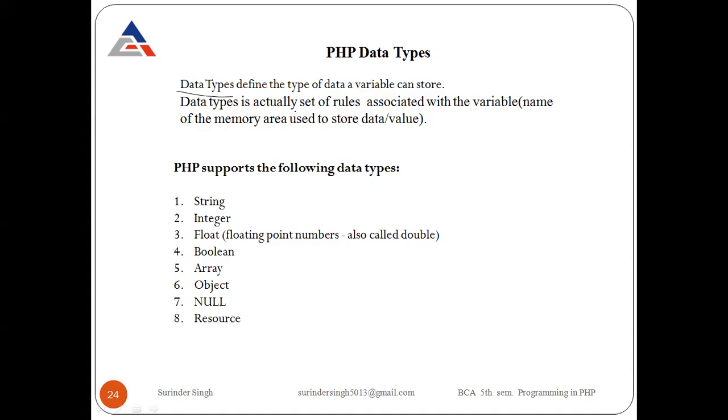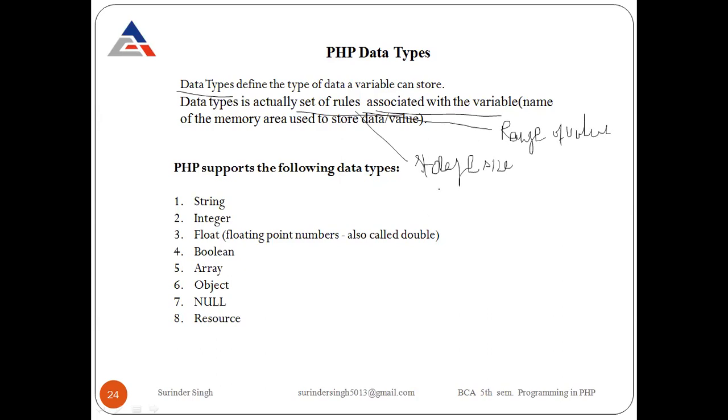Data type is actually a set of rules associated with the variable. Clear? Set of rules means it defines two things only. One is storage size of variable, and second is range of values you can assign to variable.